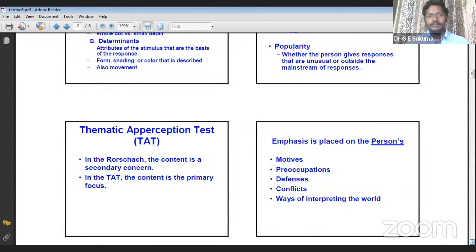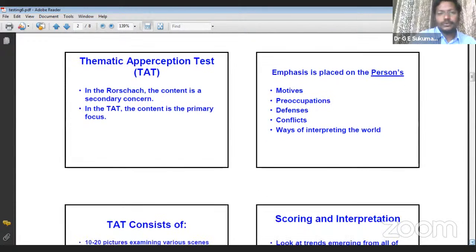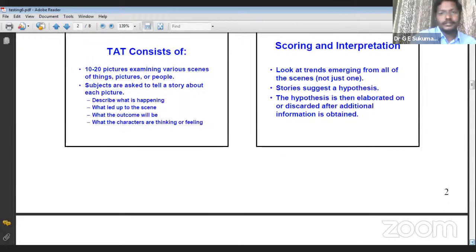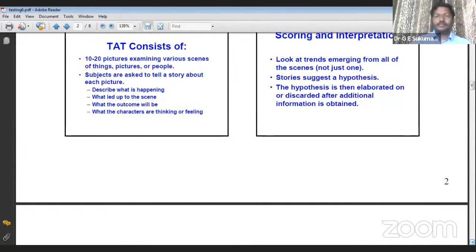The Thematic Apperception Test is also a card-based test where cards are shown and the person is asked to come up with a story. So there are different projective tests, which are non-verbal, where we make use of cards and pictures and try to elicit responses, the internal responses from the test taker, and come up with interpretations about different personality types.